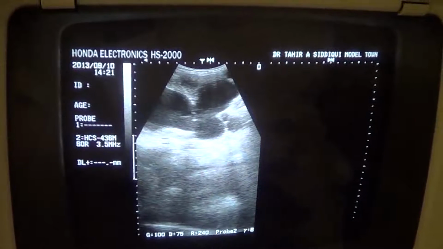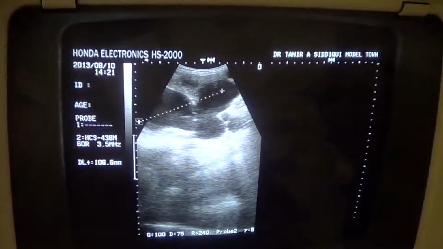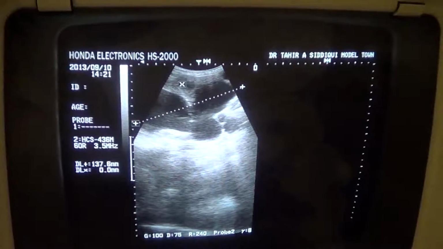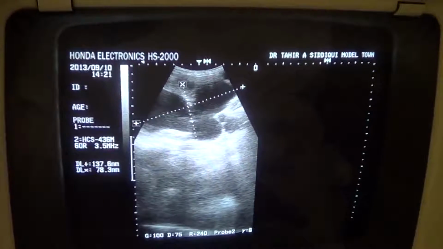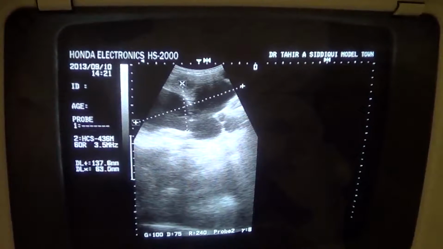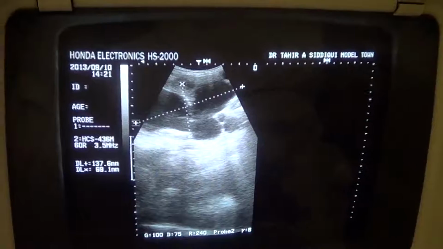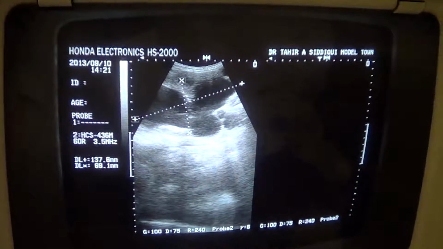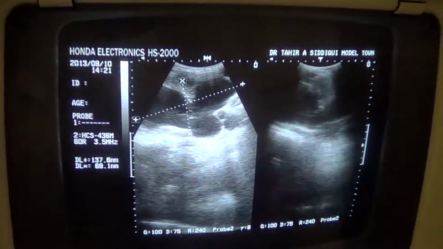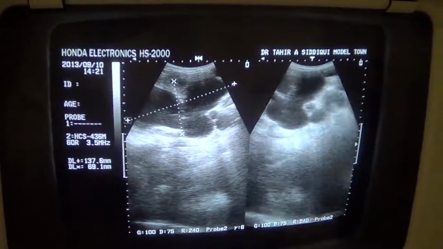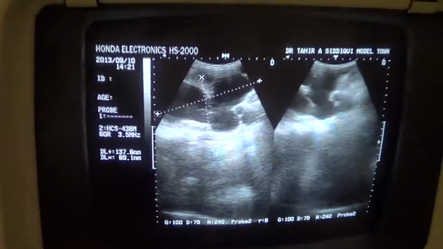This left kidney measures approximately 13.7 centimeters in length and approximately 6.9 centimeters in anterior posterior diameter. Again, this is an enlarged kidney. Where is the pelvis? Now this is the pelvic region.